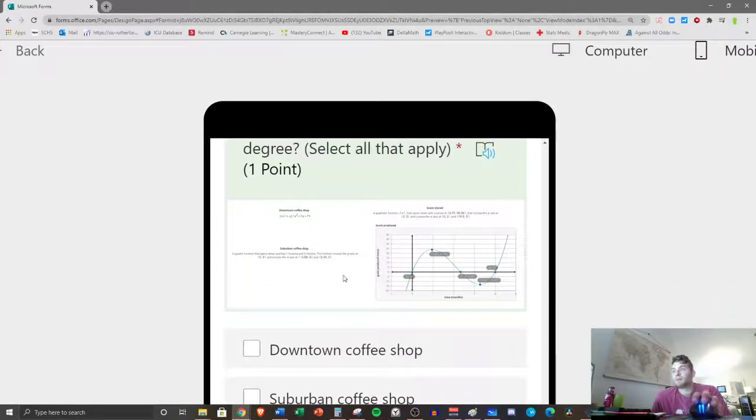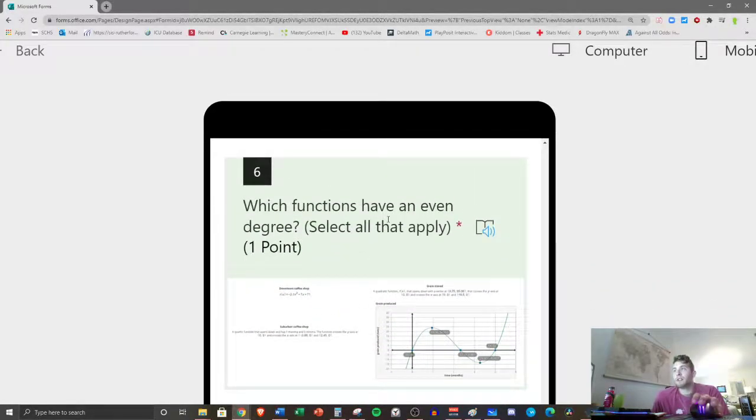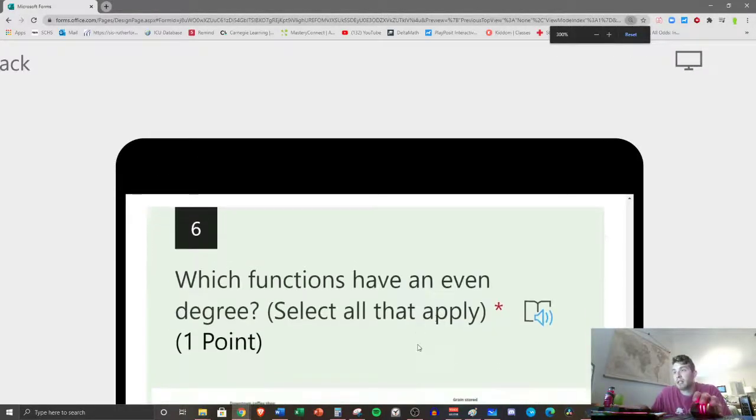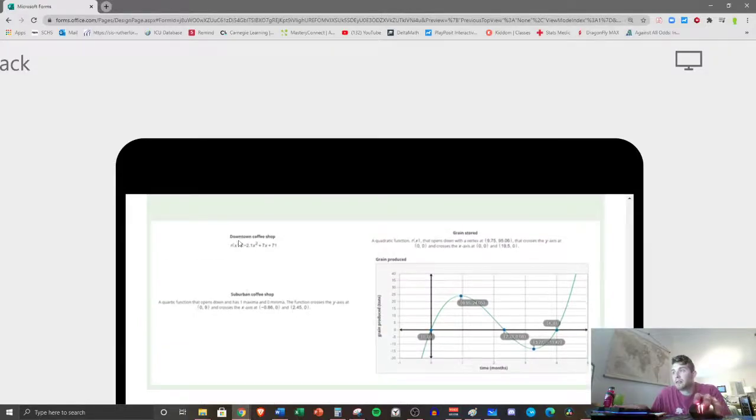Oh, here we go. So which functions have an even degree? So we're going to zoom in. All right. So first off, this one has power of 2, so we know it's definitely even. Here, this describes it as a quadratic function. So that's definitely power of 2. That's even.